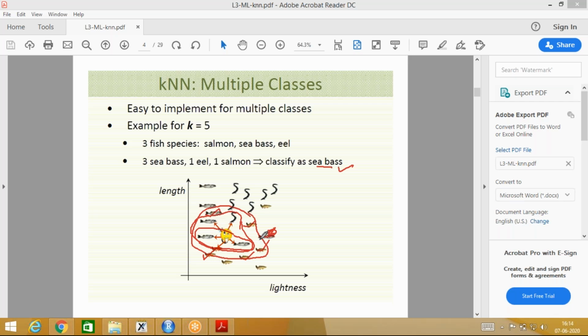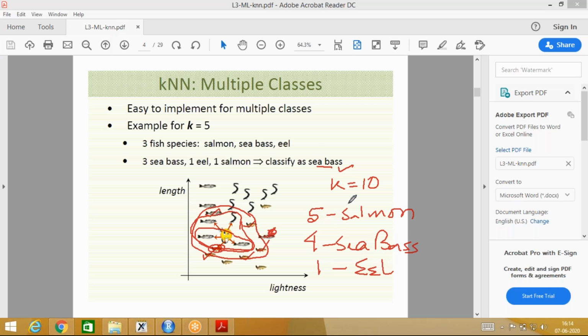When I consider these people together, there are lots of salmon. This salmon, this salmon, this salmon, this salmon. So 5 salmon in this case. If I consider K is equal to 10, there will be 5 salmon, 4 sea bass, and probably 1 eel.